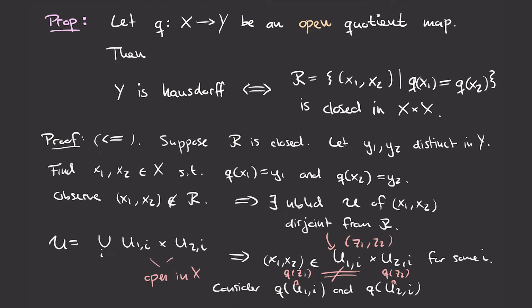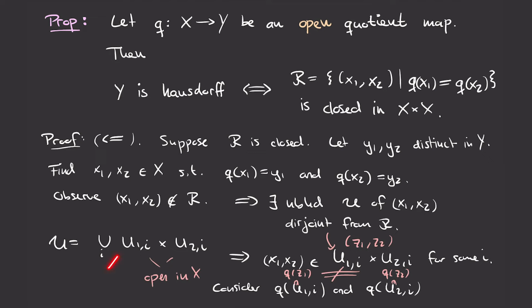Now, by the fact that Q is a surjective map, we can find points x1 and x2 in X, such that y1 is the image of x1 under Q and y2 is the image of x2 under Q. We then observe that this point, x1, x2, does not lie in R because y1 and y2 are assumed to be distinct, which means by the fact that R is a closed set that there exists a neighborhood of this tuple x1, x2 that is disjoint from R.